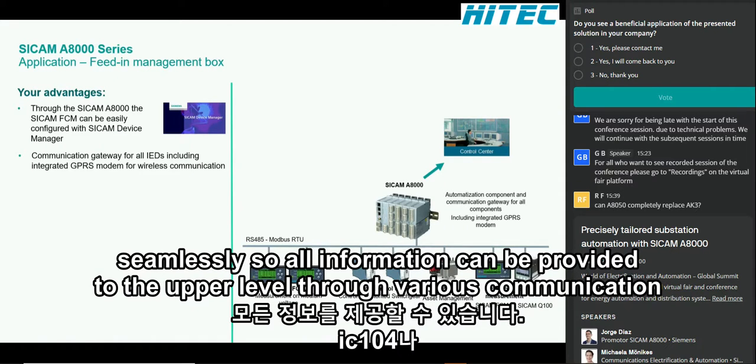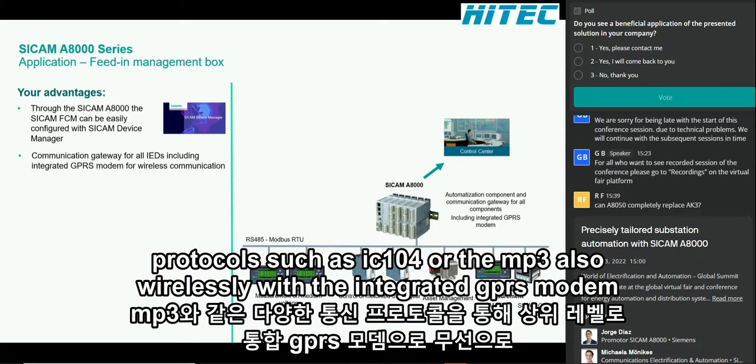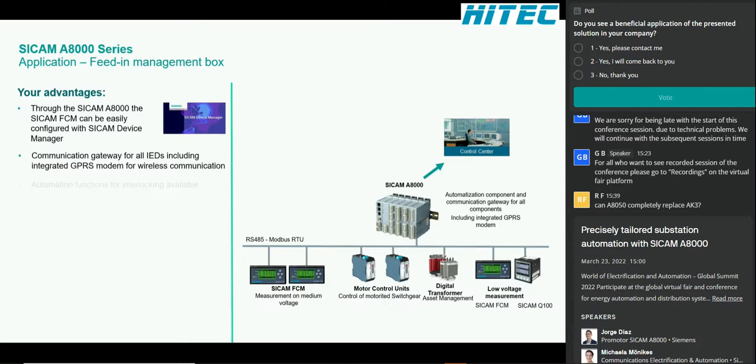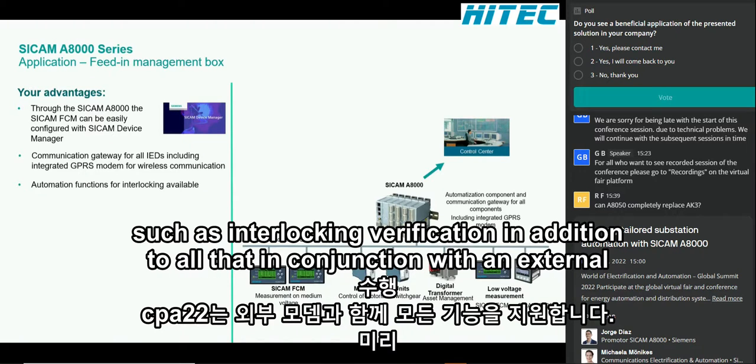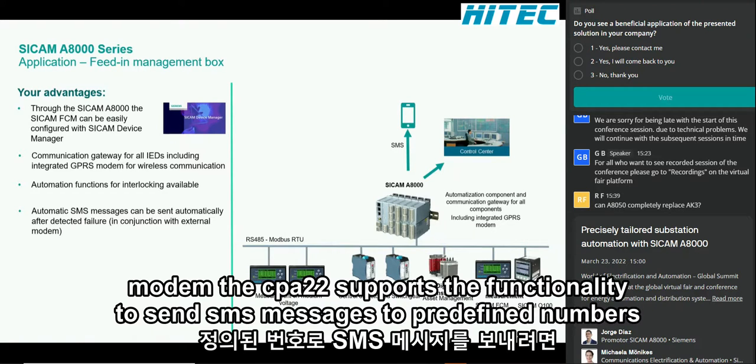So all information can be provided to the upper level through various communication protocols, such as IEC 104 or DNP3, also wirelessly with the integrated GPRS modem. Of course, on this small RTU, you can also perform your desired automation functions, such as interlocking verification. In addition to all that, in conjunction with an external modem, the CP8022 supports the functionality to send SMS messages to predefined numbers.